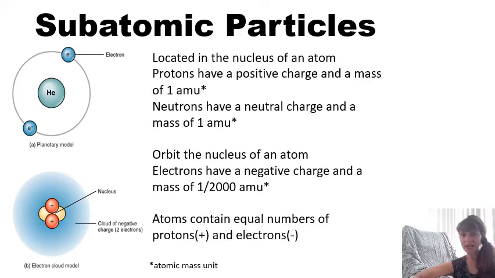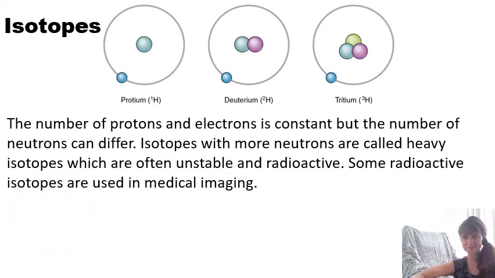Atoms, prior to any kind of chemical reaction, will always have an equal number of protons and electrons. The number of protons and electrons for an element will always be equal prior to a chemical bond forming.